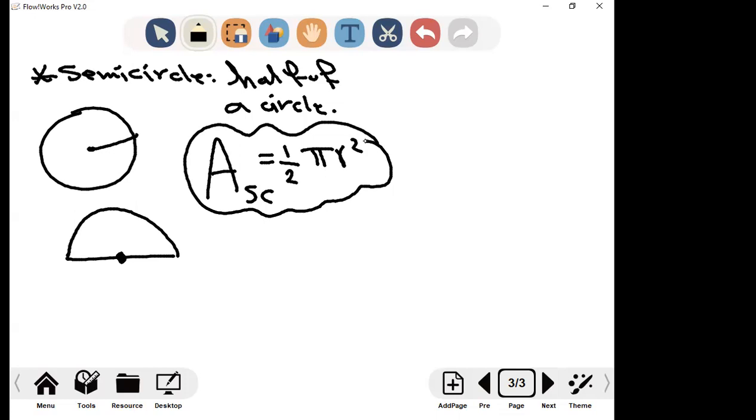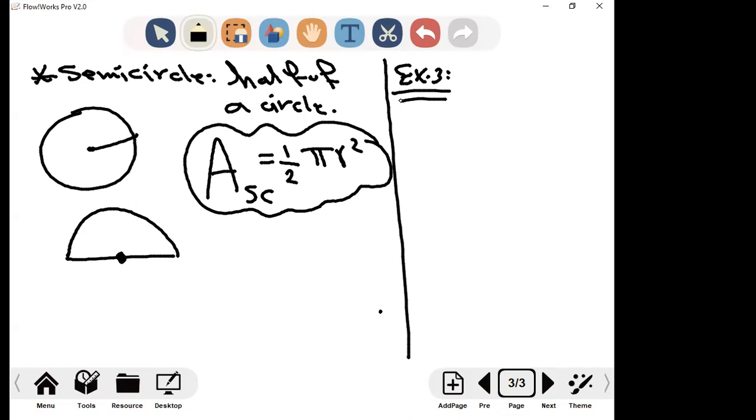Focus, please. Example 3 talks about the semicircle.